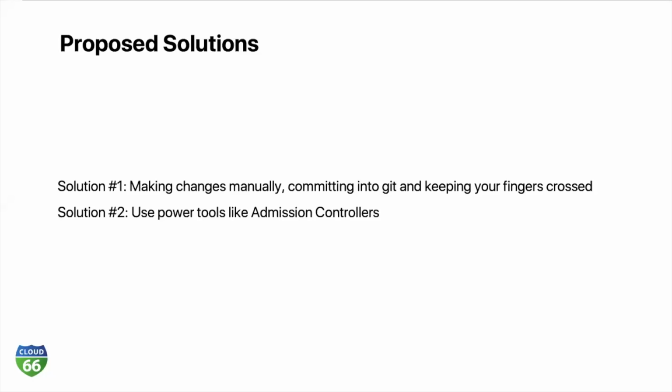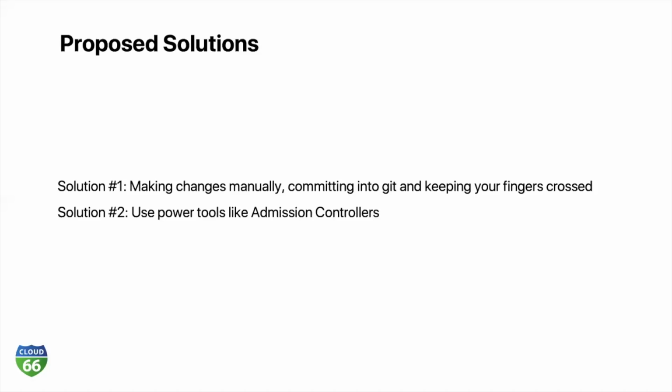We make the changes manually. We go around every configuration file every time something changes, apply the change to all these configuration files, commit it into Git, and keep our fingers crossed so we don't make human errors and things don't break. And that's not ideal, but it's the cheapest way to start with. It gets expensive very quickly when you make a mistake.